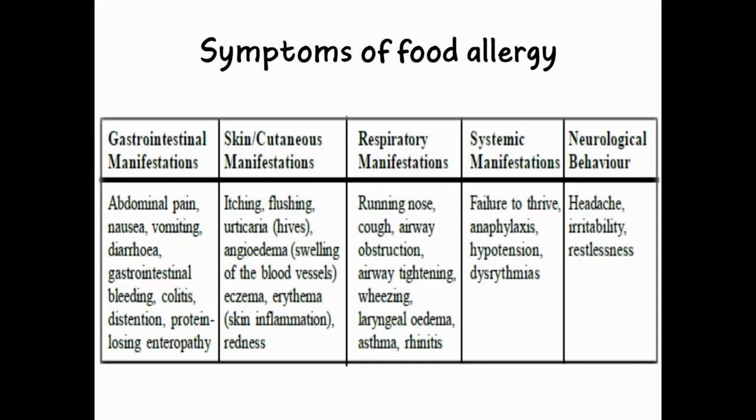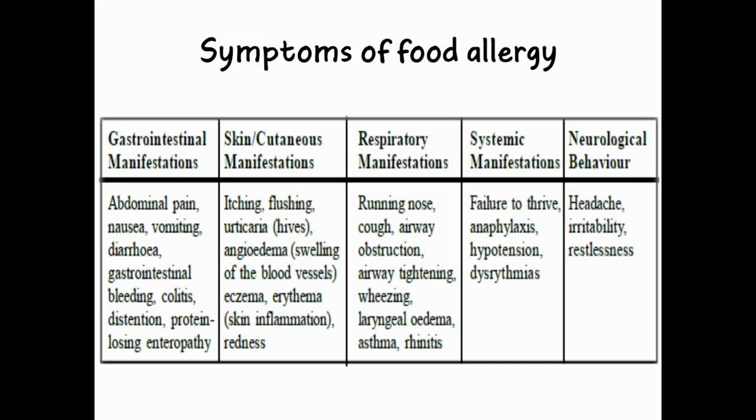So under gastrointestinal we have abdominal pain, nausea, vomiting, diarrhea, gastrointestinal bleeding, colitis, distension, and protein losing enteropathy, which is very common, and it is actually seen after consumption of food. It will prevail like 1 to 2 or 4 hours later. Sometimes it might even take a longer period of time.